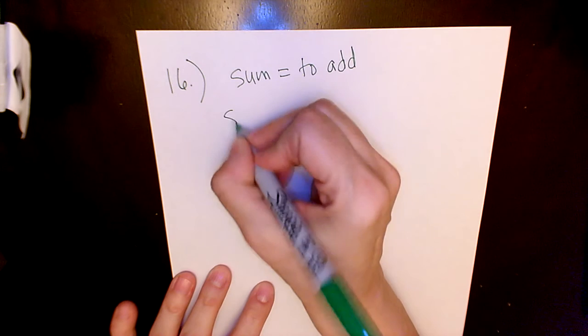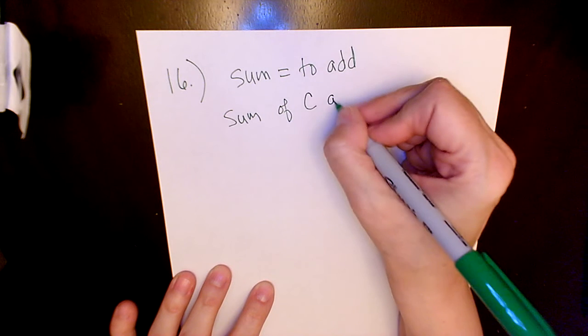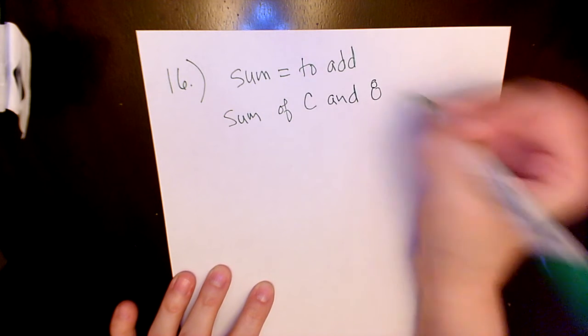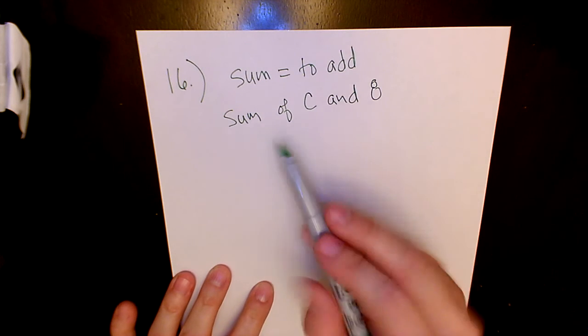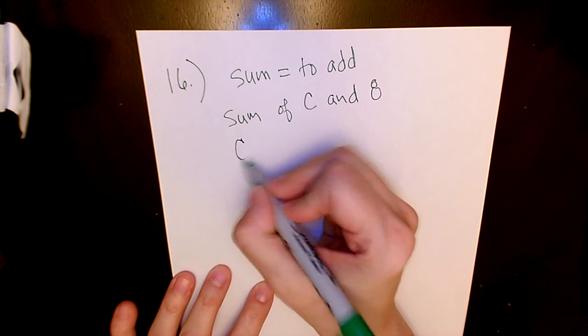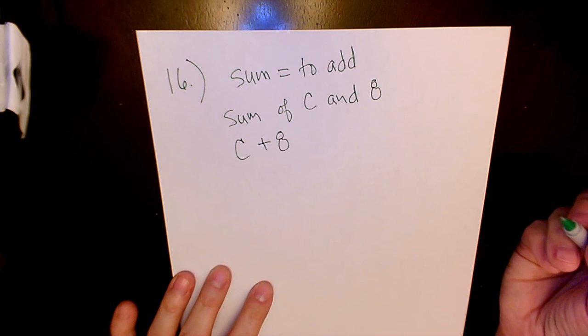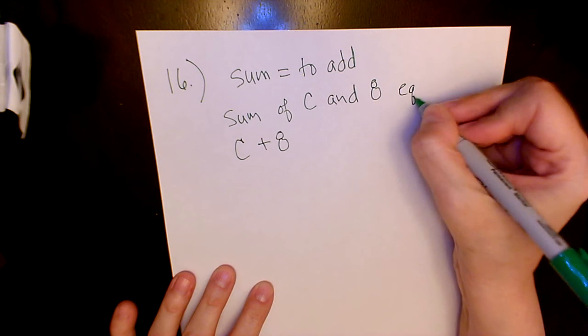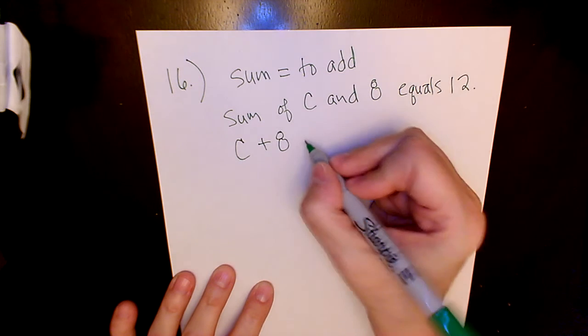So how do I write the sum of C and 8? Well, sum just means to add, so it's just C plus 8. Equals 12.